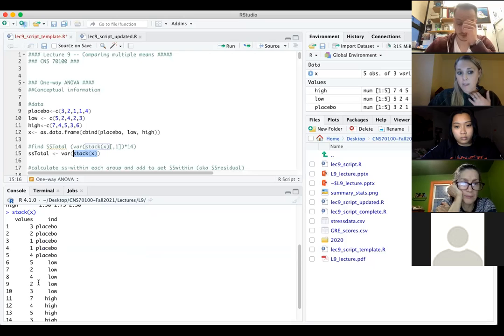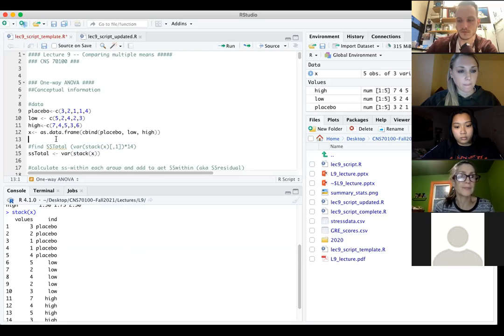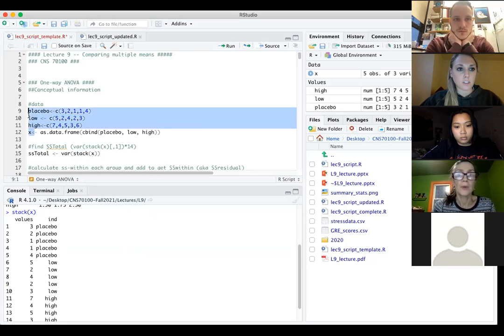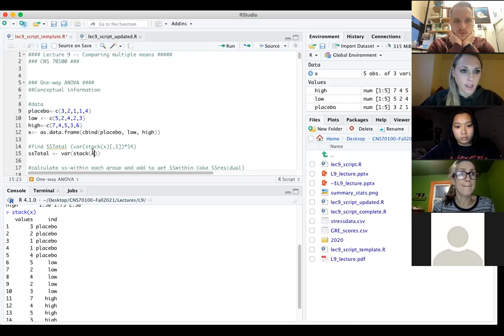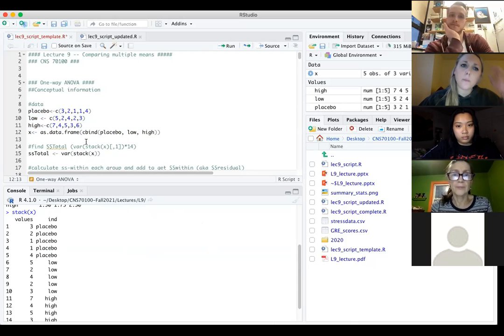I get a warning message that says in var stack NAs introduced by coercion. Did you do this bit first? I did. And it's saying what now? NAs introduced by coercion. Oh, coercion.